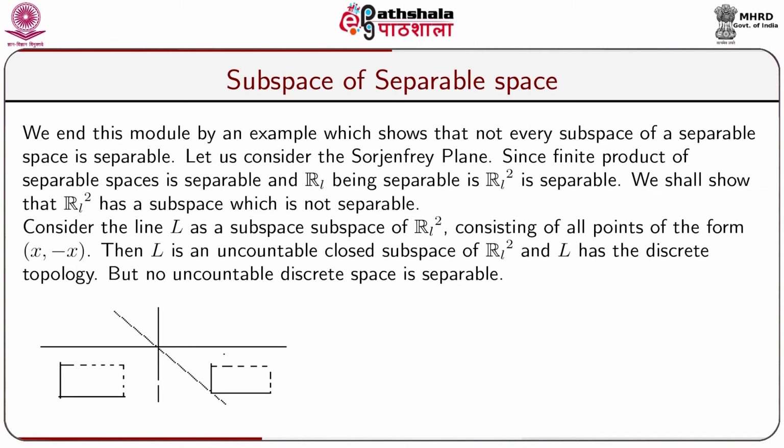That means (x, -x) is an isolated point on the line, a singleton open set, so the line has the discrete topology. But the line is uncountable, and an uncountable discrete space can never be separable. This shows that a subspace of a separable space is not in general separable.